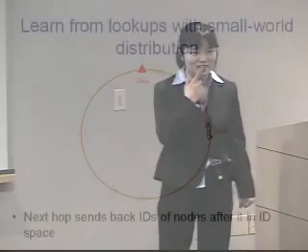So what this blue node does is look at the ID region between itself and the key, and pick up a number of additional entries, IDs and IPs, and piggyback them on the lookup acknowledge message that it is going to send back to the previous hop anyway. Is that clear?